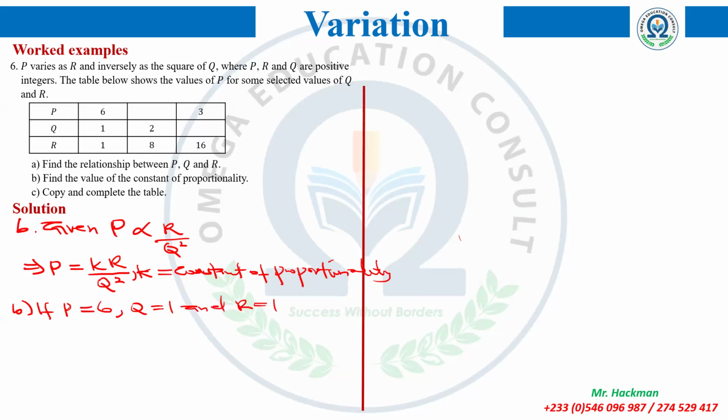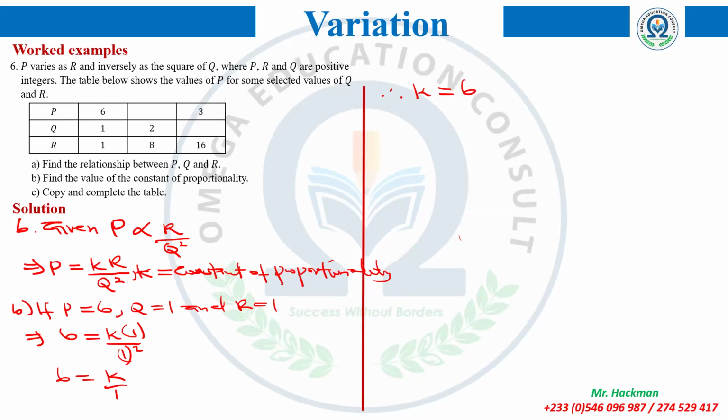Instead of giving you the statement in this form, it has been given in table form. So P, which is 6, equals K into R, which is 1, over Q squared, which is 1 squared. So 6 equals K, since 1 times K is K, all over 1. Therefore K, the constant of proportionality, is equal to 6.